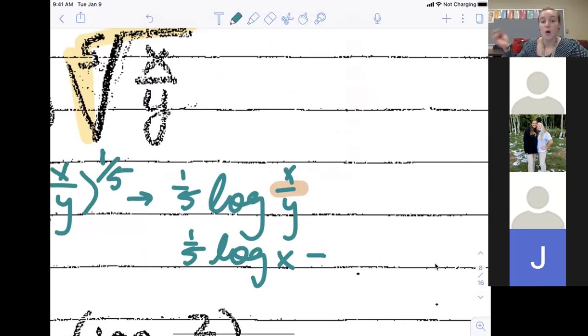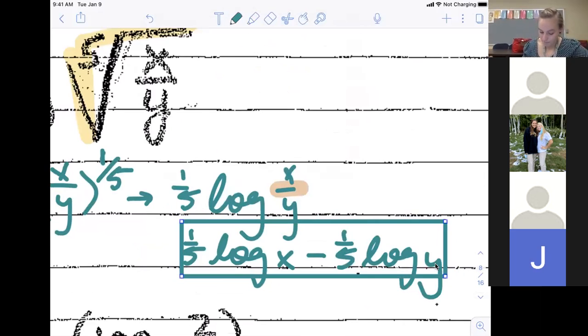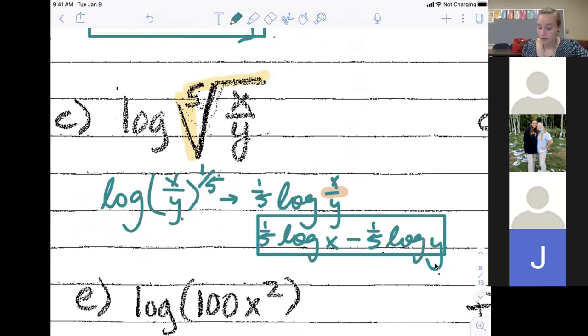I have to bring that coefficient with me because it also went to the y. So I'm going to do 1/5 log y. The 1/5 goes to both the x and the y, so I have to put the 1/5 with log x and the 1/5 with log y. Any questions so far?